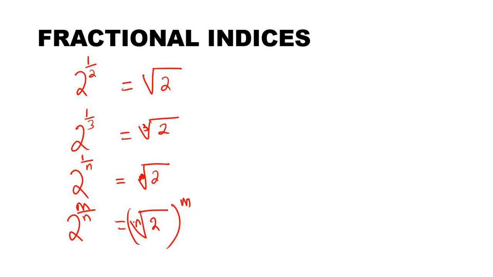The denominator is the root, and then the numerator is the power. Now we don't have to put this raised to power 1 here, because any number raised to power 1 is itself. Okay, so that's why we don't have to raise these first 2 to power 1. Okay, but if you have other numbers, you need to put the power. Is that clear? All right.